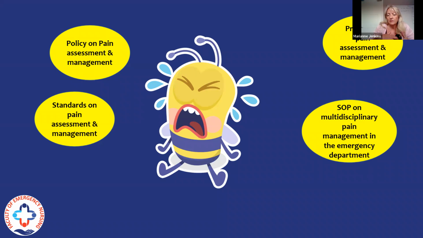So things like if they needed a PCA, then who's got roles and responsibilities. So that's where your SOP would start fitting into your policy, your standards and your processes.